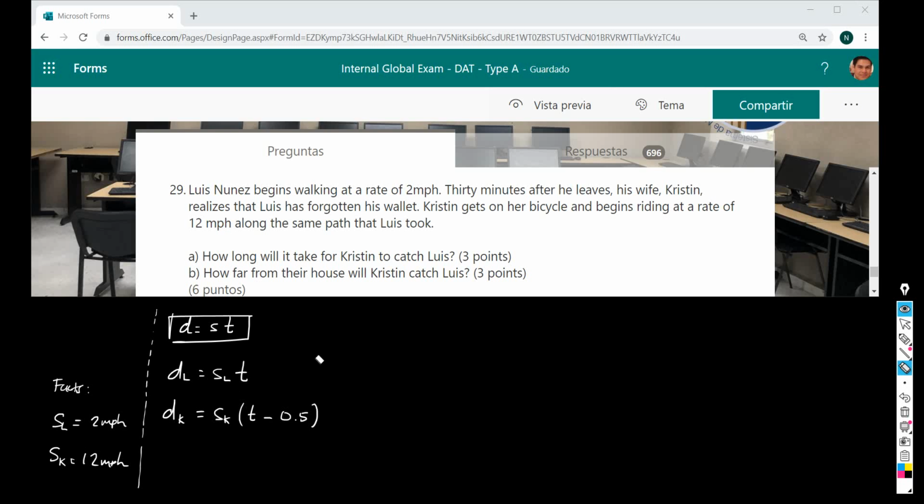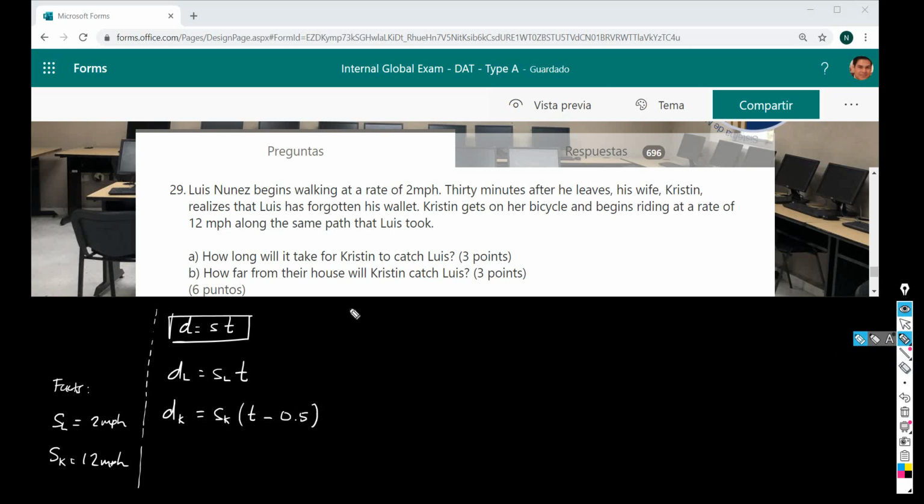You cannot mix two units in the same problem. If you're gonna use minutes, that's fine, but you have to convert the speeds to minutes. How many miles per minute? And if you do that, then you can put minus 30 in here. Otherwise, you have to transform this into hours, and this would be the correct equation for Christine.